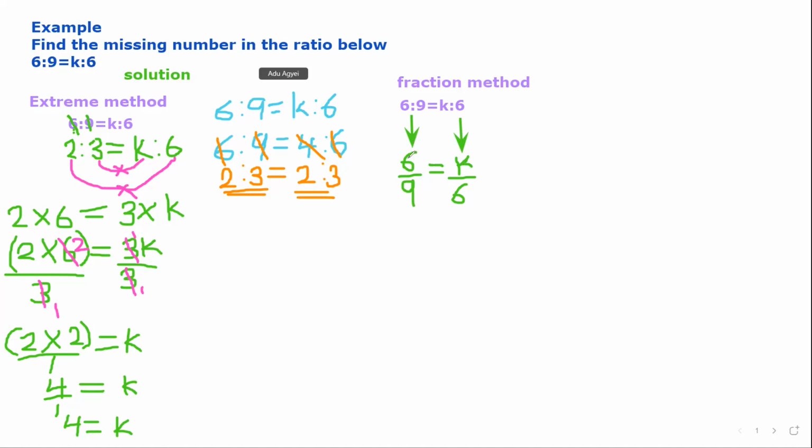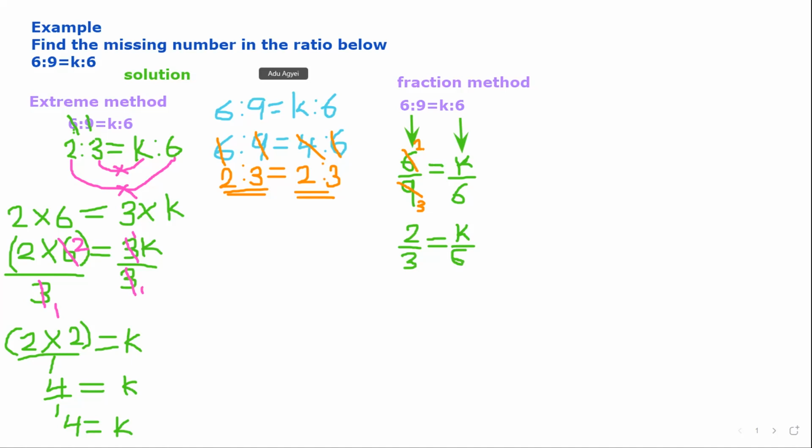With the 6 over 9, the 3 goes here, 2, and then the 3 also goes here, 3. Good. So our fraction here has reduced to 2 over 3, which is equal to k over 6.